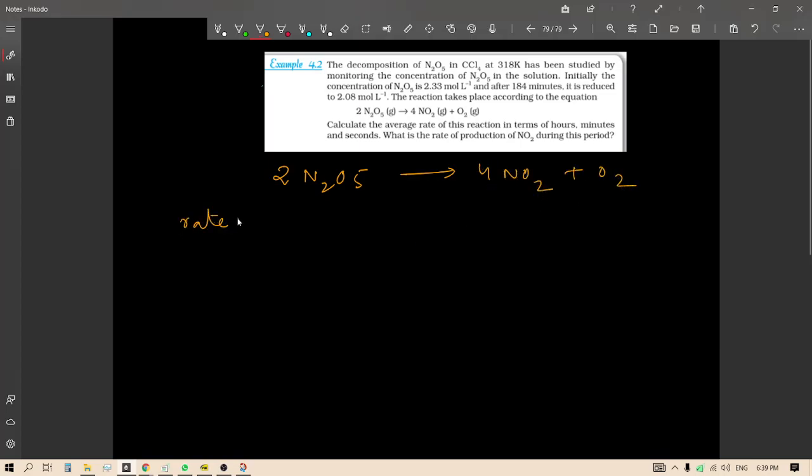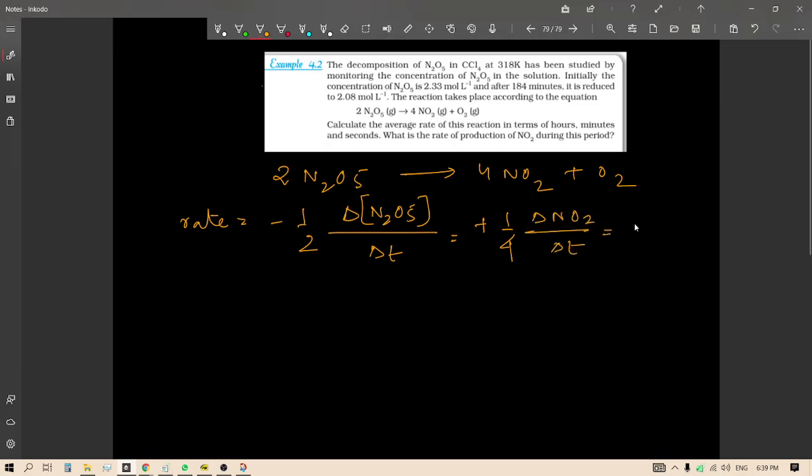Next, we will write rate is equal to minus half delta N2O5 by delta t is equal to plus 1 by 4 delta NO2 by delta t is equal to delta O2 by delta t. This is the rate of the reaction which you have studied in the first class.